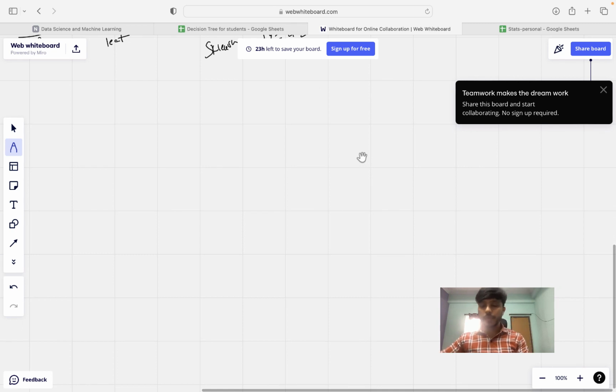So to get started, my root node is outlook. As soon as the root node is defined, you need to write the branches from that node depending on the values that this feature contains.